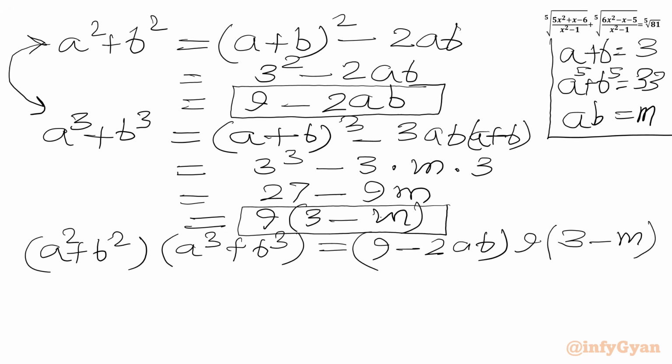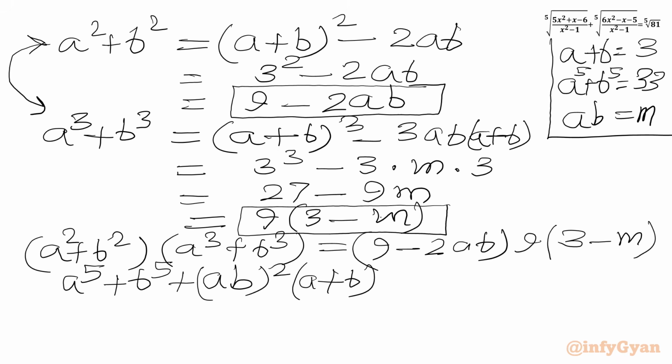Let's simplify the LHS. a⁵ + b⁵ + a²b³ + a³b². We will take a²b² common, which I will write as (ab)². Then in the bracket we need to write a + b. In the RHS, 9 times, we will multiply both the brackets.